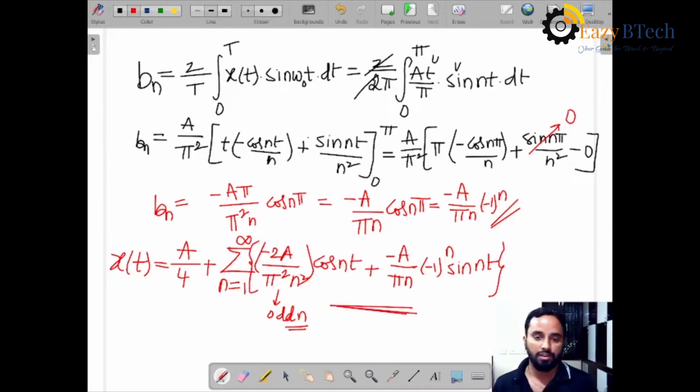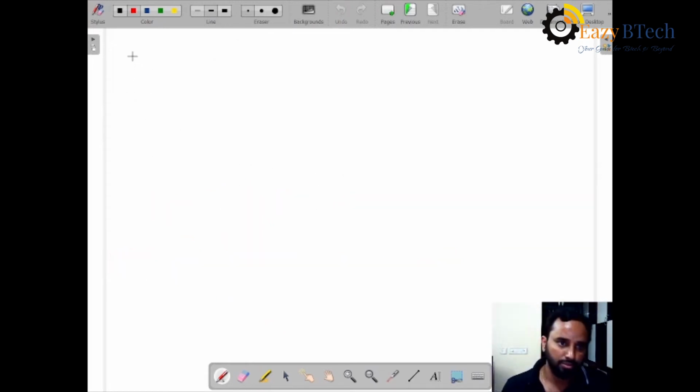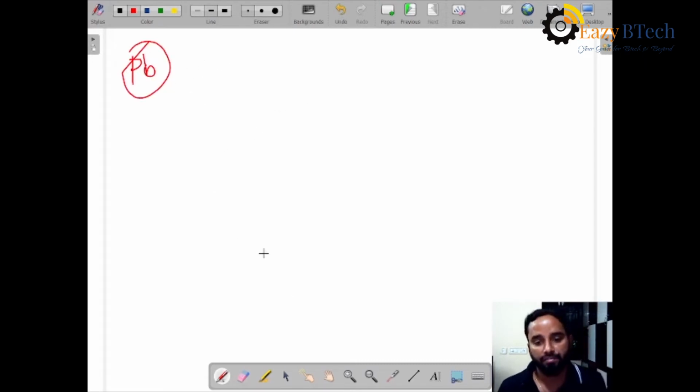In a similar way, we go to another problem. Let's do this problem. Find the trigonometric Fourier series for the given periodic signal or periodic waveform. This is a half wave rectifier output waveform.